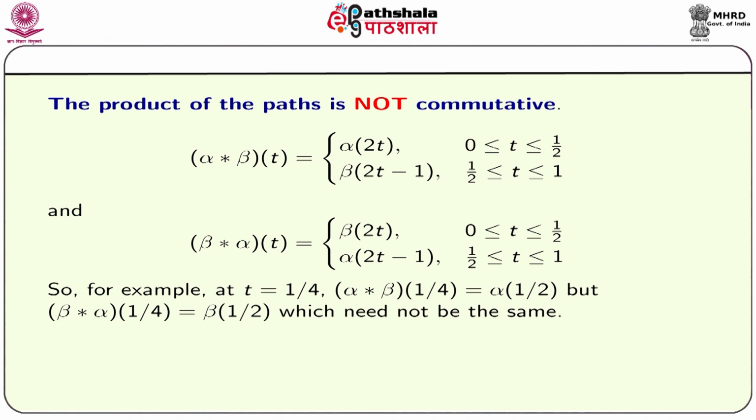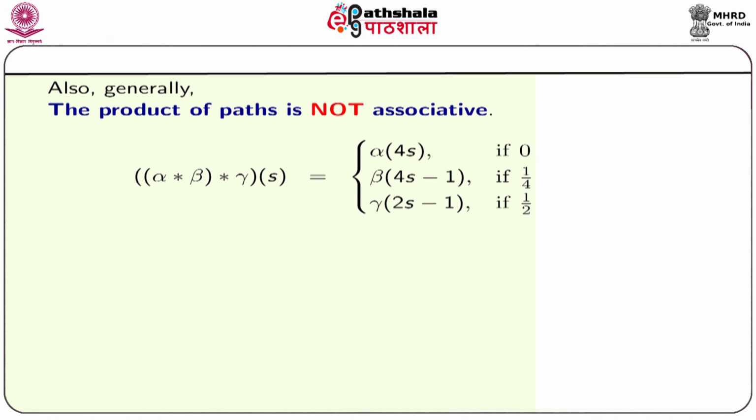Of course, alpha(1/2) and beta(1/2) may not be the same. Also, generally the product of paths is not associative.